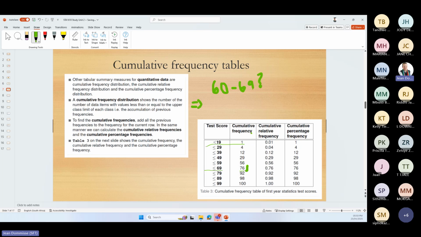Okay, so this is more likely the type of frequency table that you guys will get in the exam. So I think this is really important that you guys see how to work out those numbers in between.